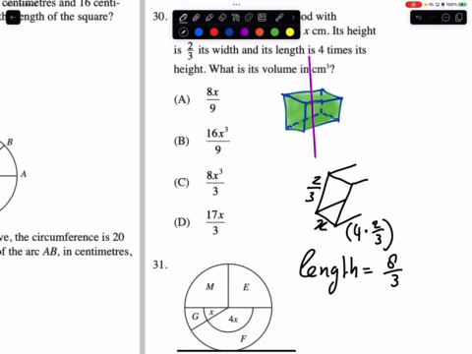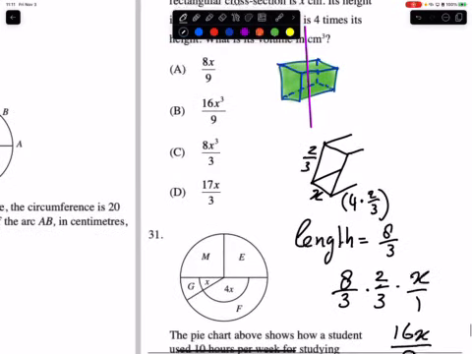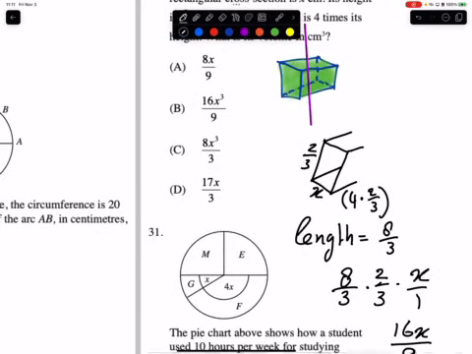And then the volume is, then you have where they have 6x squared.